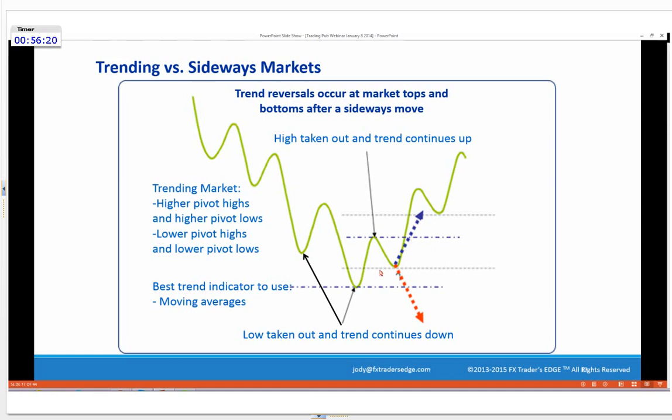The first thing that happens is divergence. And I use the awesome oscillator to look for divergence between this peak and this low and this low. And I look for divergence between waves 3 and wave 5. And once I see that, then I'm already alerted to a possible change in trend.